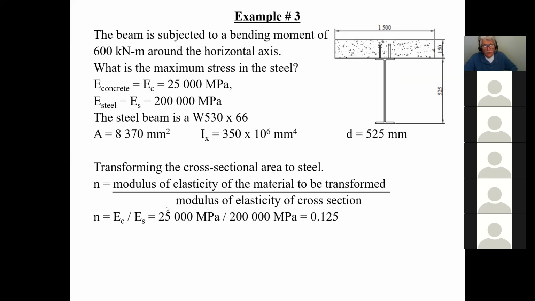So I take 2,500 divided by 2,000, and I get an N value of 0.125. That means I only transform the dimension that is parallel to the axis. Everything's bending, and I'm calculating everything with respect to this axis here, so I only multiply this value by the N value. This stays the same.